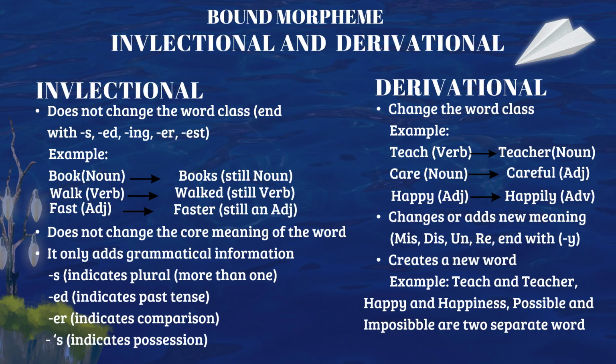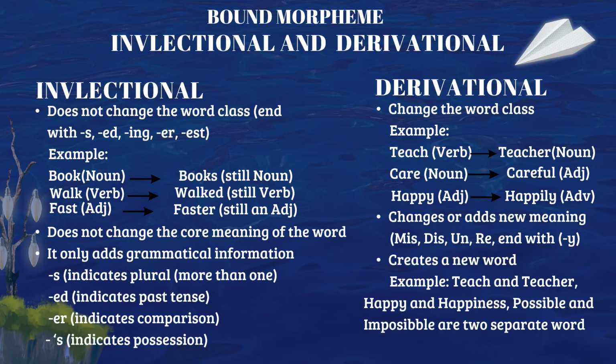Book is a noun and books with the ending s is still a noun. Walk becomes walked. Walk is a verb and walked with the ending ed is still a verb. Fast, an adjective. Faster, with the ending er, is still an adjective. And it also does not change the core meaning of the word. It only adds grammatical information.